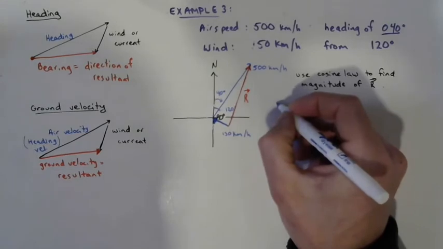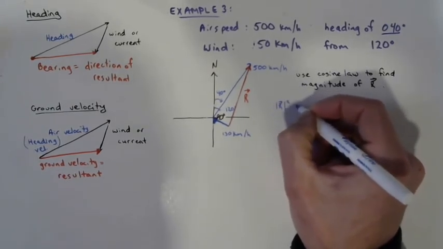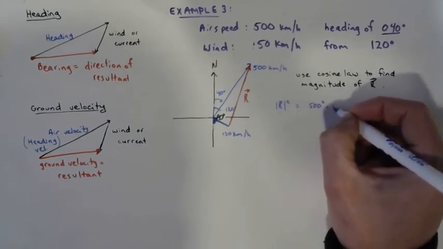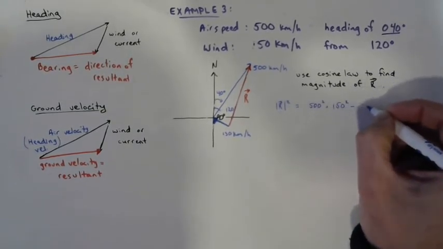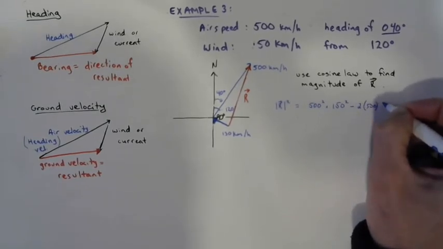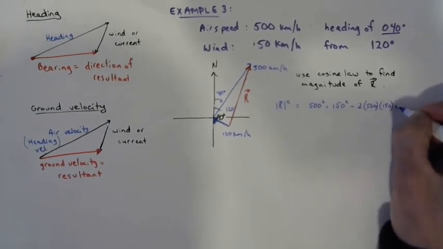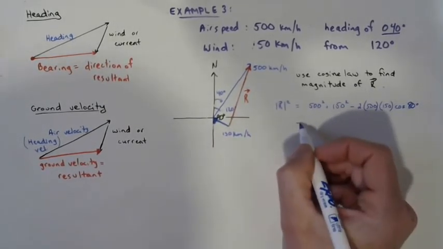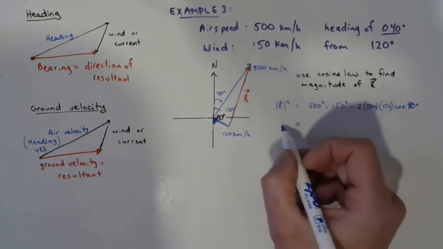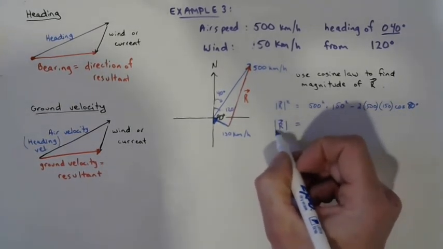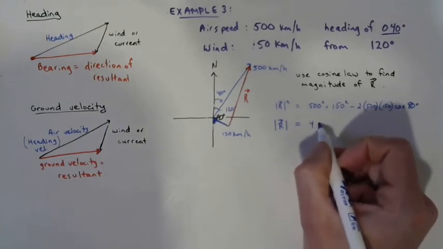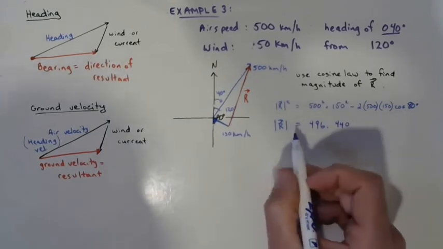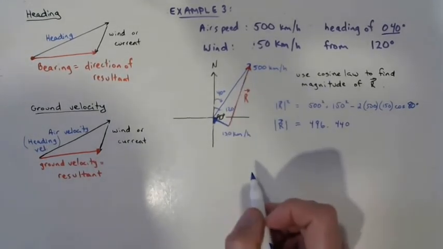We've got the magnitude of r squared is 500 squared plus 150 squared minus 2 times 500 times 150 times the cosine of 80 degrees. Carefully put that into our calculator and square root both sides. We end up with a magnitude of 496.440 as the magnitude of our resultant.